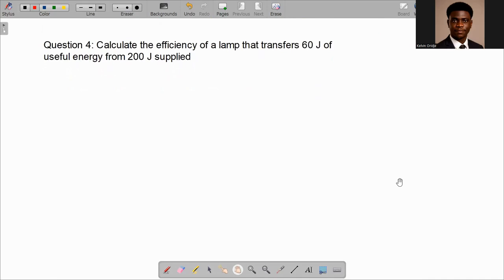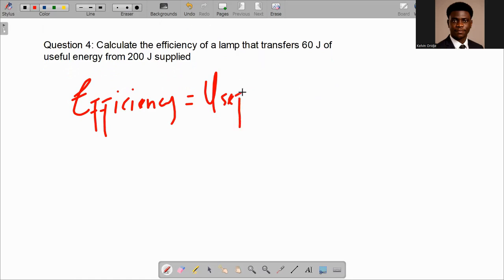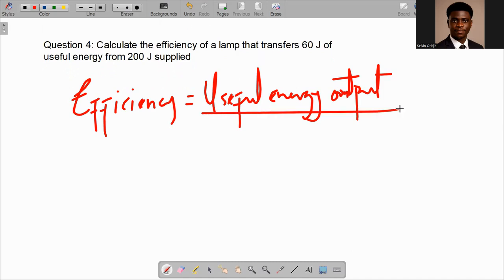It says calculate the efficiency of a lamp that transfers 60 joules of useful energy from 200 joules supply. So the efficiency, look at your equation sheet, efficiency is equal to useful energy output divided by energy input.